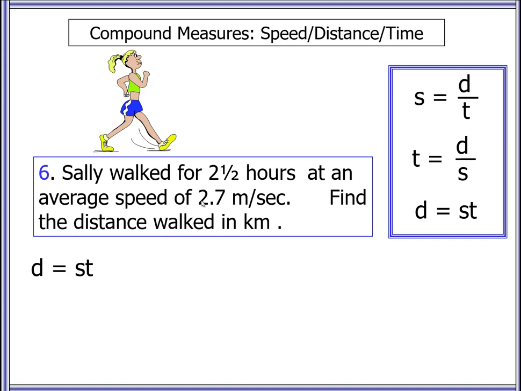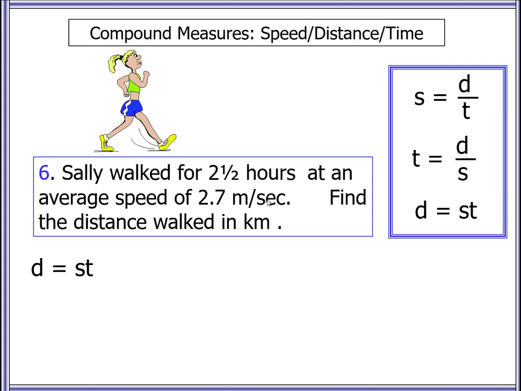Our speed is 2.7, but it's meters per second. So we want to find out how far she's walked in kilometers. And we've got to work in hours because our time is in hours. So we can say it's 2.5 hours or 2.5 times 2.7, but this is in a second.